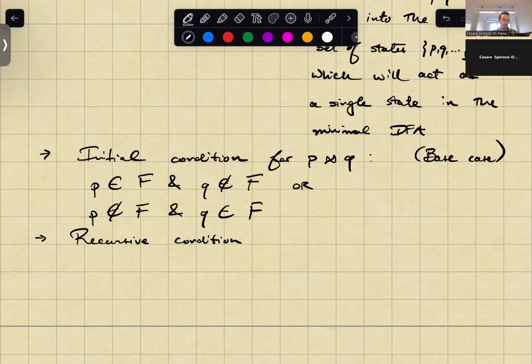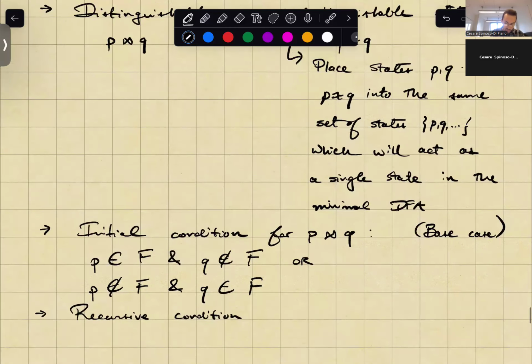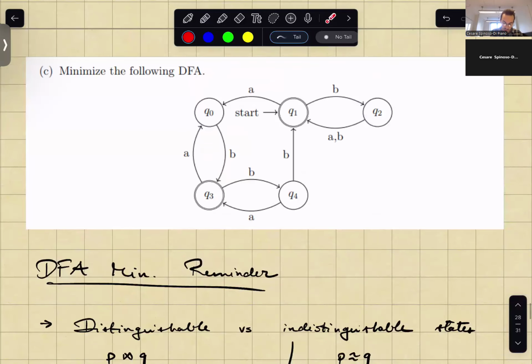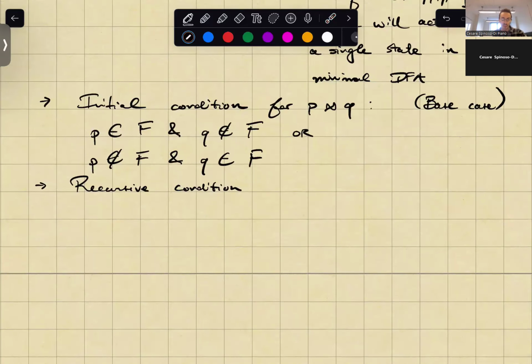Does that just mean that they're immediately indistinguishable? No, right? It's very possible for this state and this state, both non-accept states, to be distinguishable from each other, right? Maybe it matters whether you're here or here, and so you don't want to merge these together. And so how do you check this? That's the question we're asking here. That's through this recursive condition that I'm going to write down.